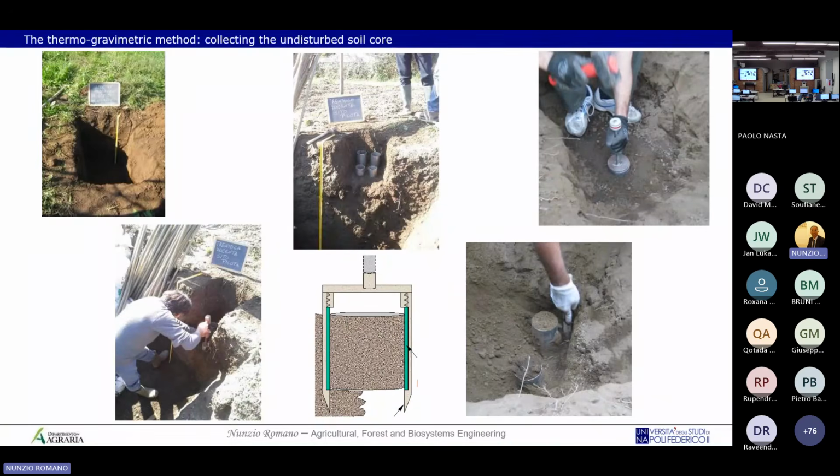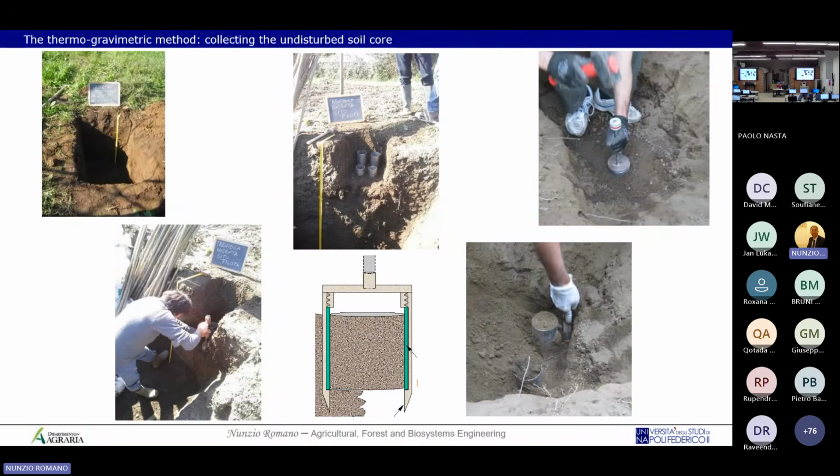This is really important, because if you insert the core into the soil and you don't eliminate the soil around it, this friction just makes the soil disturbed.